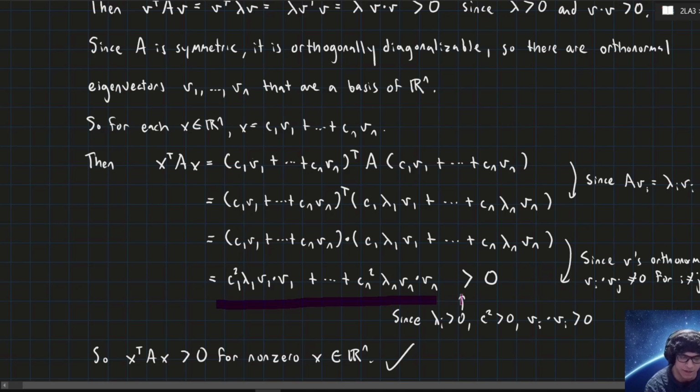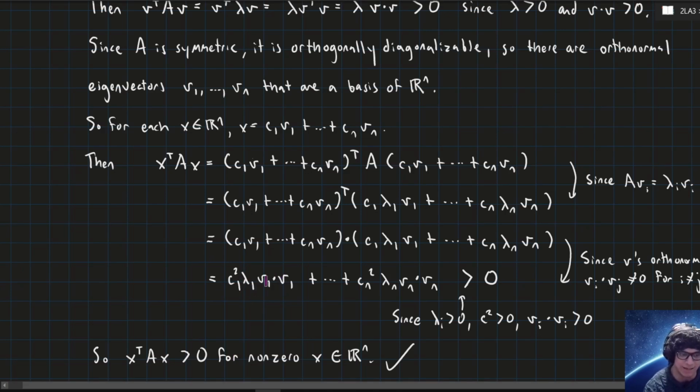I know lambda is going to be greater than 0. By assumption, we're assuming all the eigenvalues are positive. I know c1 squared is going to be greater than 0 because the square of a number is always positive.